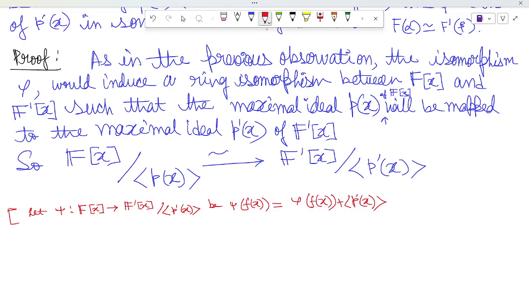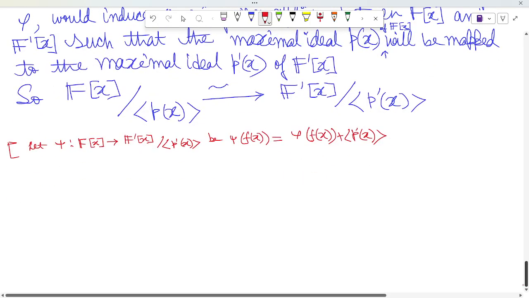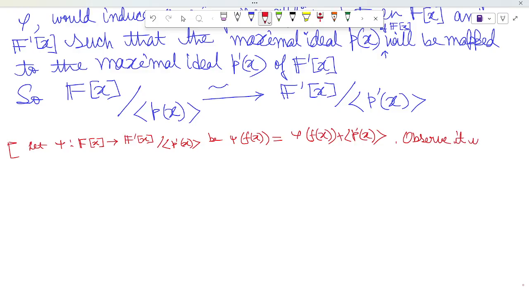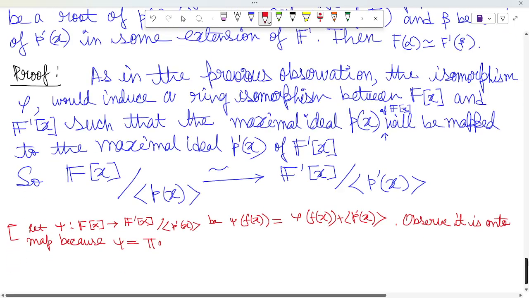So what is the kernel? First of all, observe that this is an onto map, because this is the projection map composed with the isomorphism.